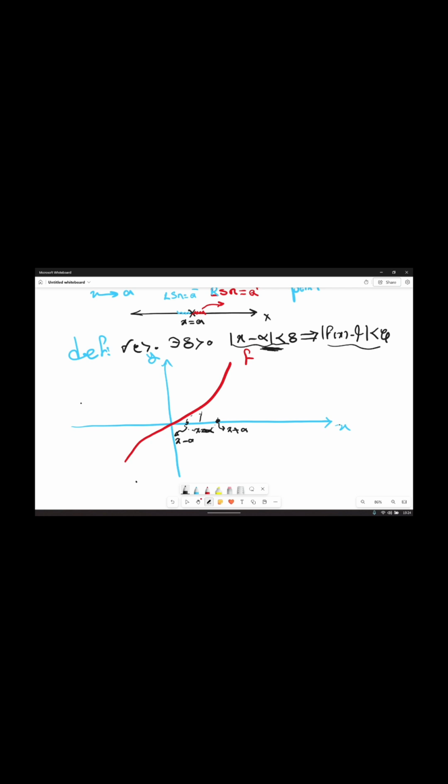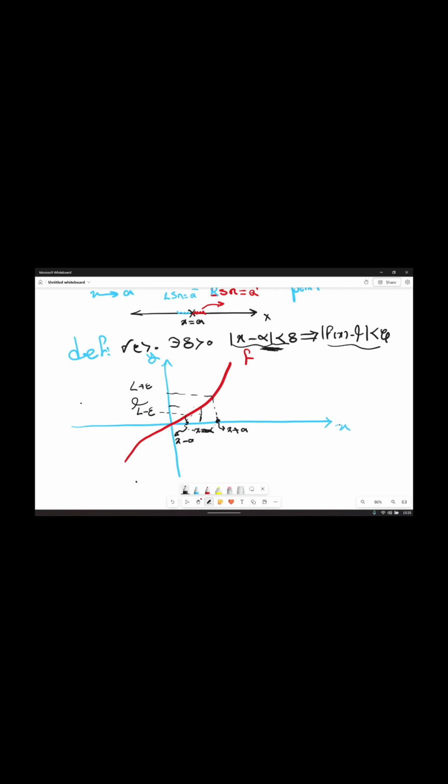I told you in the limit we don't give a value exactly at the point x. We calculate it by the neighborhood points. This point, for example, gives you L, this point gives you L plus epsilon, and this point gives you L minus epsilon.